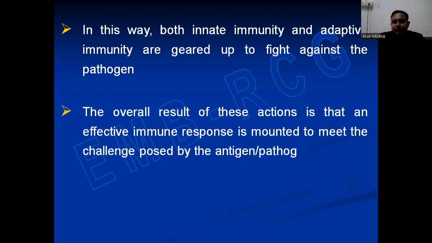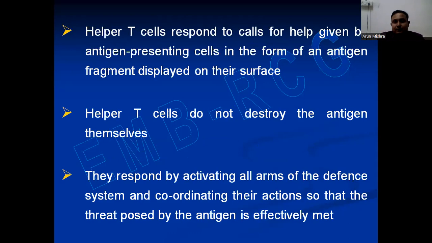In this way, both innate and adaptive immunity are geared up to fight against the pathogens. The overall result of these actions is that an effective immune response is mounted to meet the challenge posed by the antigen or pathogen.